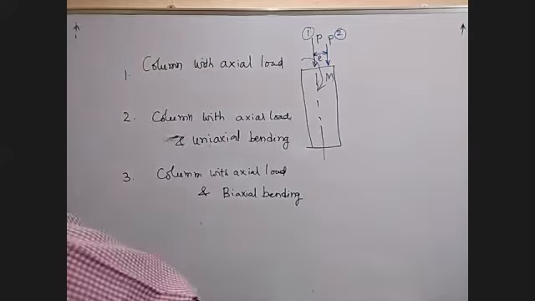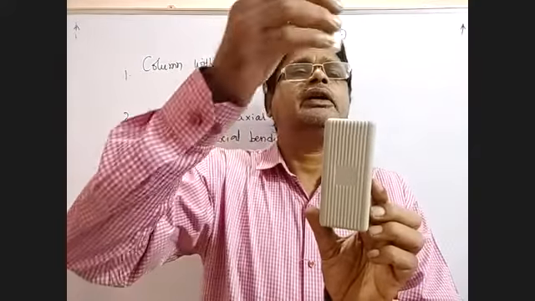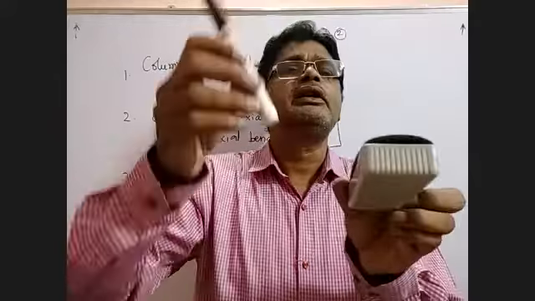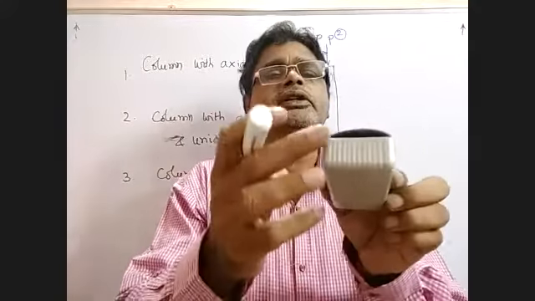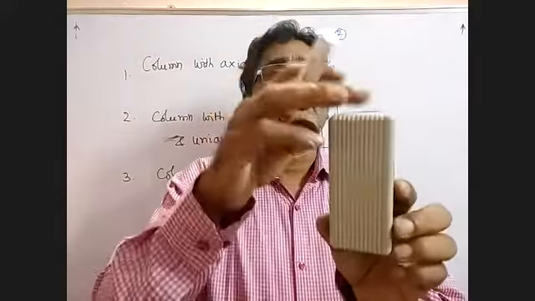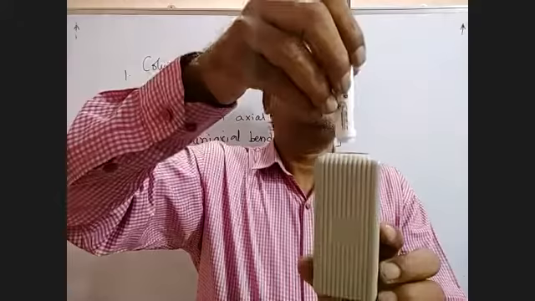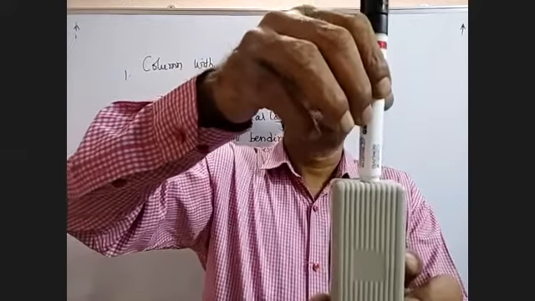This is a column here, this is a column here. Let us assume that this is a rectangular or square column, whatever it may be. It depends on the shape of this base or top. Now you have a load here.